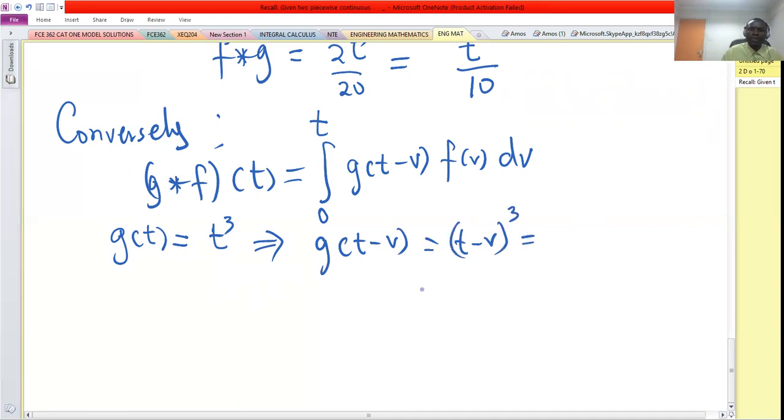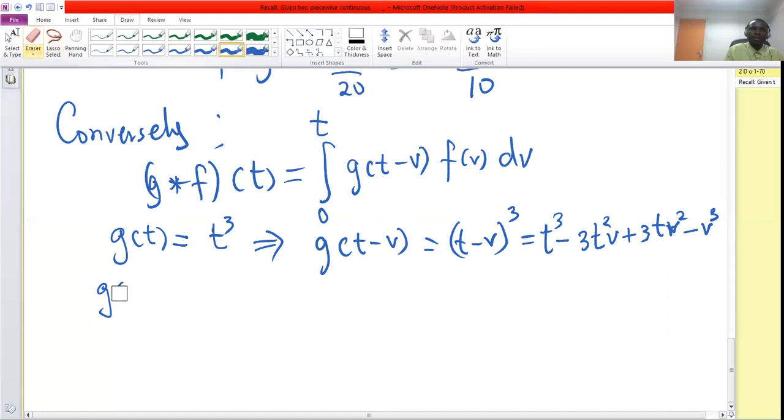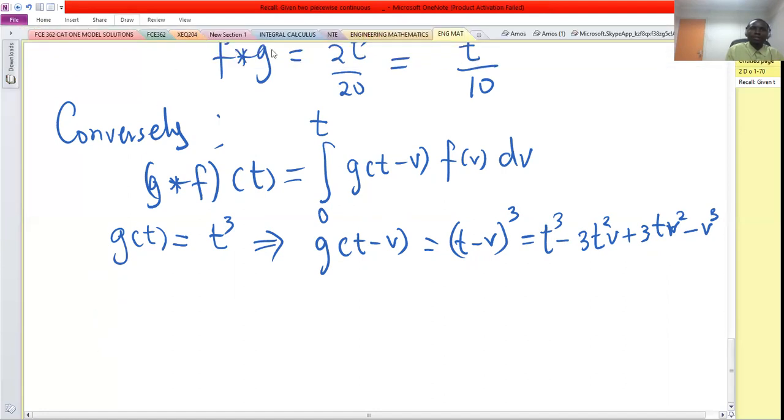On expansion, we get t power 3 minus 3t squared v plus 3t v squared minus v power 3. And f of t is given by 2t, so f of v will be given by just 2v.